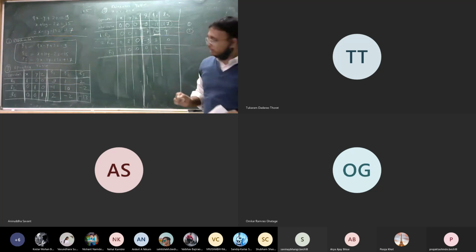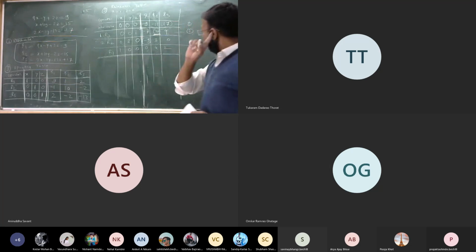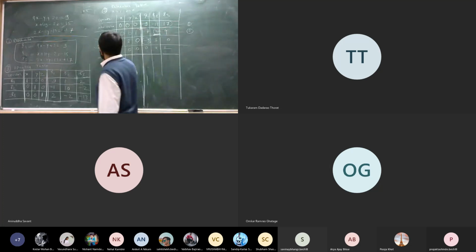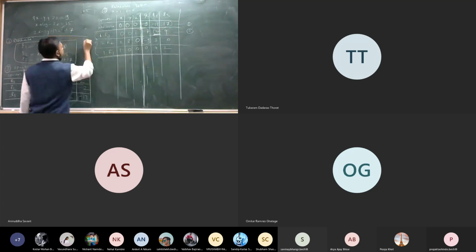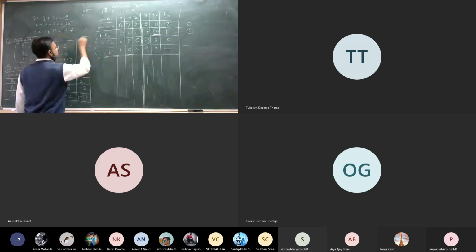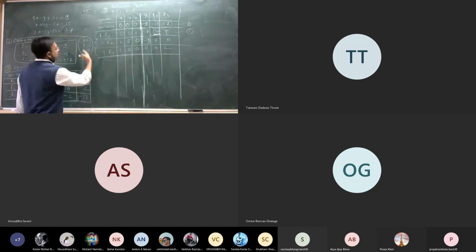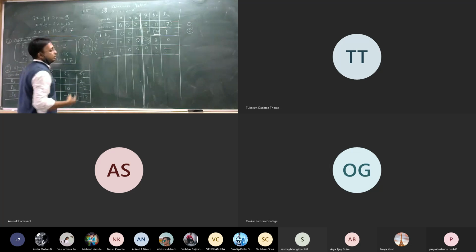The sign is somewhat near about 0, but exact solution we have not obtained. So near about, I can say from this sign, x should be 1, y should be up to 2, and z is equal to 1. So this answer we can obtain from the initial table. X is equal to 1, y is equal to 2, and z is equal to 1.